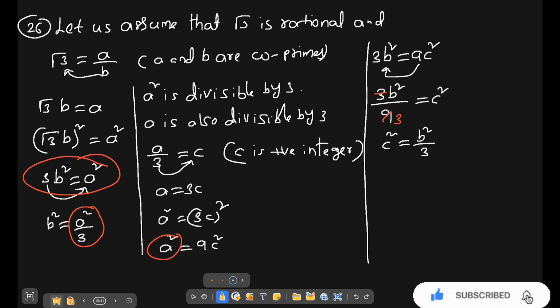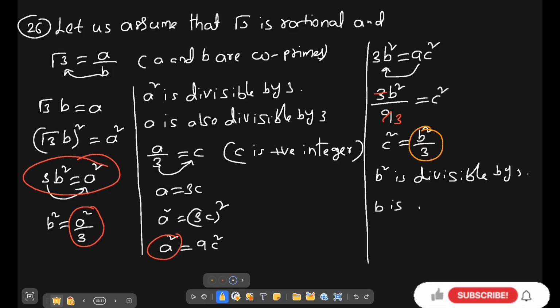That means this b square is divisible by 3. When b square is divisible by 3, b is also divisible by 3.